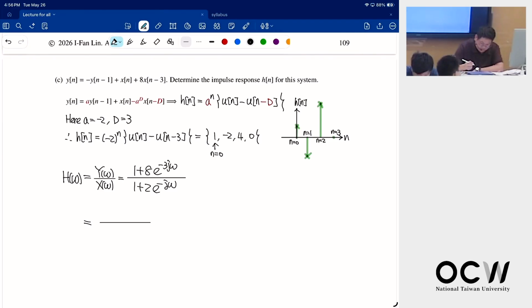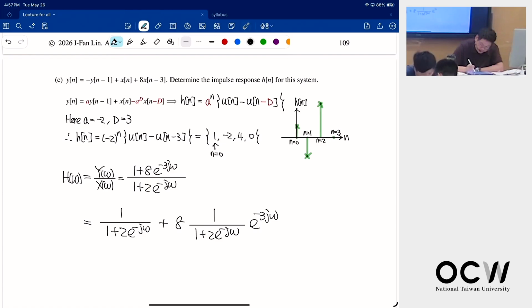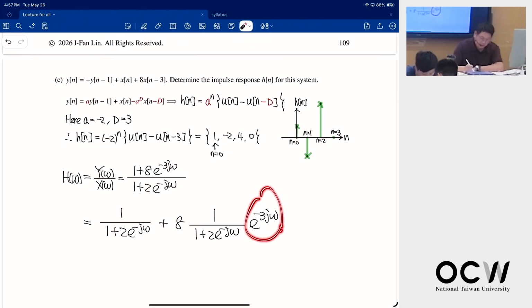We just separate this into two parts. First is 1 divided by 1 plus 2 times e to the minus j omega. And then the second one is 1 divided by 1 plus 2 times e to the minus j omega, times e to the minus 3j omega. I have a phase shift, which means that in the time domain, I have a delay. So I only need to know what this is.